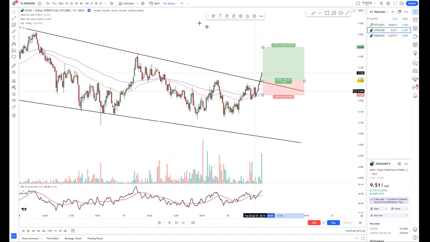You want to again put your stop loss below the previous swing low, the local swing low, this one. So here, like around 1%, then you would definitely want more than a 1 to 2 risk reward ratio.